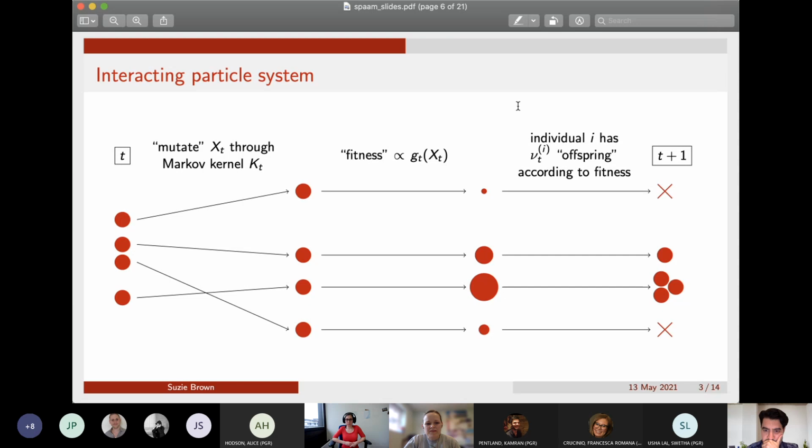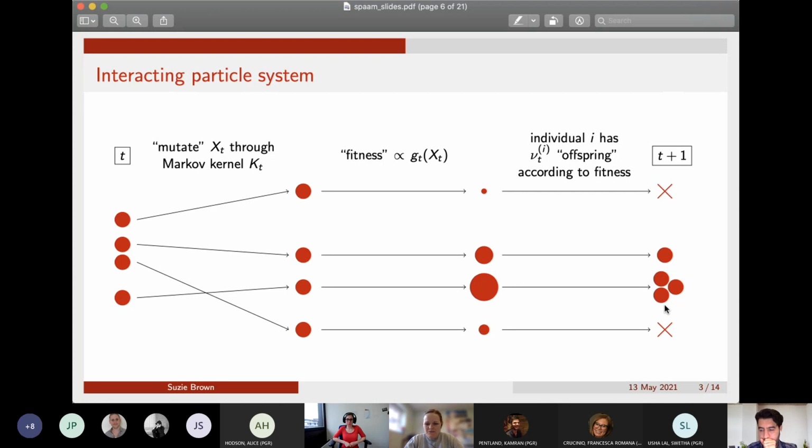So there are a lot of degrees of freedom in the description of the model, but actually I'm not going to be looking at these kernels K or the function G. This isn't particularly of interest for what I'm going to talk about today. I'm going to gloss over all that and just look at the relationship between the offspring and the parents.